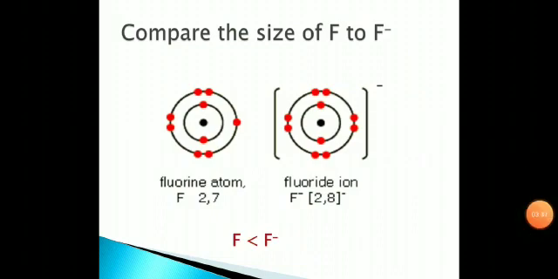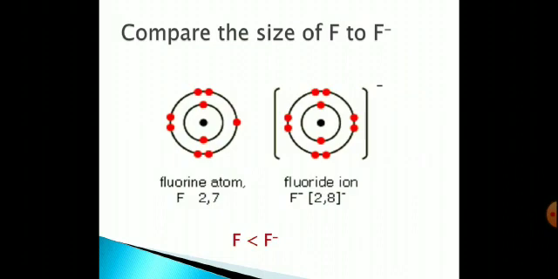So anion now has more electrons, but the number of protons is the same. That is, the effective nuclear charge, or the attraction experienced from the nucleus, now has one more electron or two more electrons or three more electrons to attract.